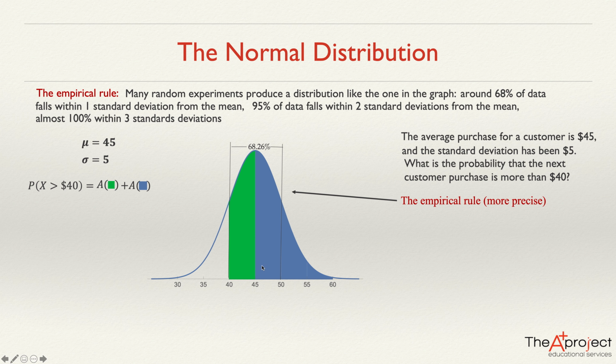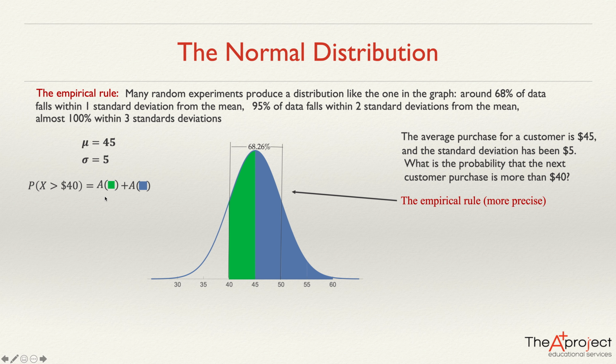So you notice that this is completely symmetric. This part here is exactly the same as this green part here between 45 and 50. The green part is exactly the same as the part between 45 and 60. So this green area is only half of this 68.26%.